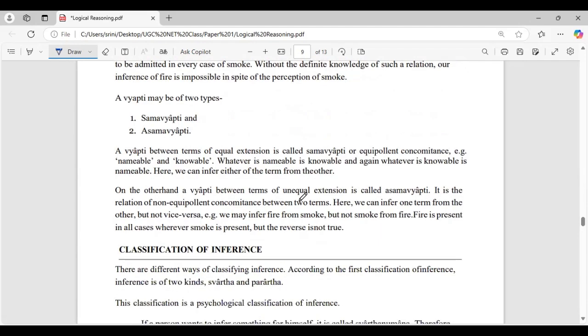On the other hand, Vyapti between terms of unequal extension is called Asamavyapti. In this relation of non-equivalent concomitants between the two terms, we can infer one term from the other, but not vice versa. We may infer fire from smoke, but not smoke from fire. Fire is present in all cases wherever smoke is present, but the reverse is not true.